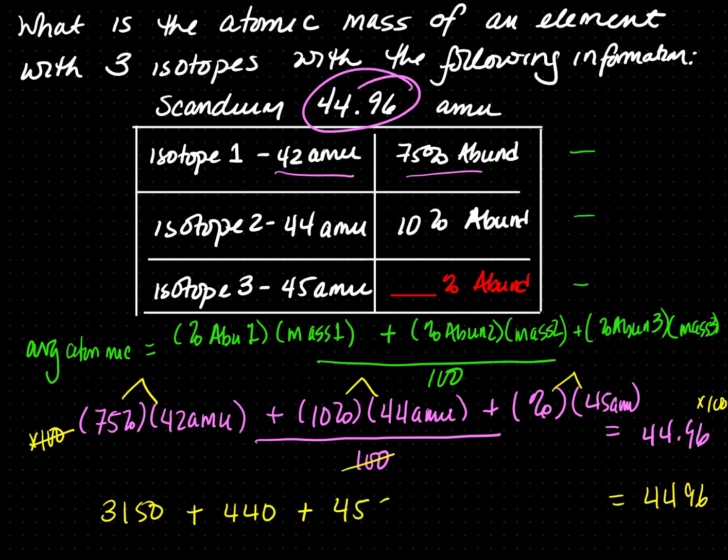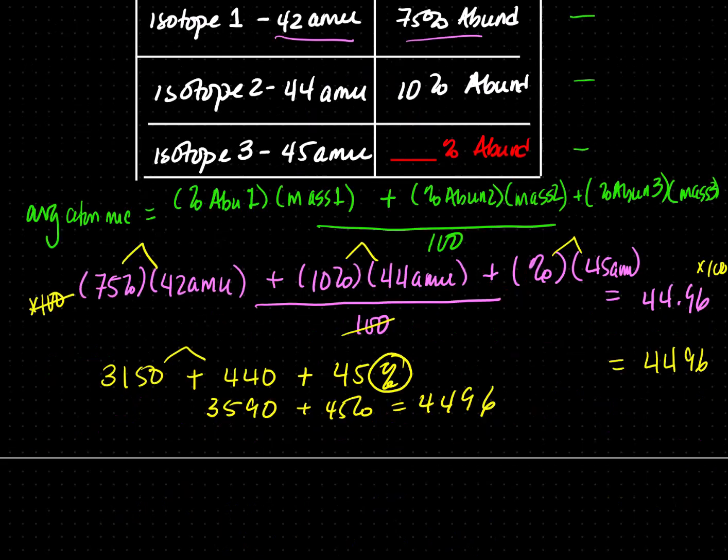So the next thing you're going to do is simplify. We're going to add these two. When I add those two, this is 3590 plus 45% equals 4,496. We're going to isolate the 45%, so we're going to subtract 3590 from both sides.